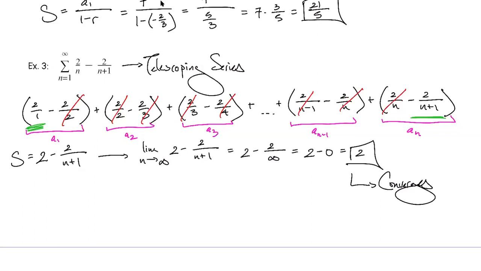But there are some people who literally write maybe a sub 1 and a sub n, and they're like, oh, I got it. I know what's going to happen. So there's no real set rule on how many you have to write. If you didn't write the a sub n minus 1, it wouldn't be wrong as long as you know this is the pattern here.